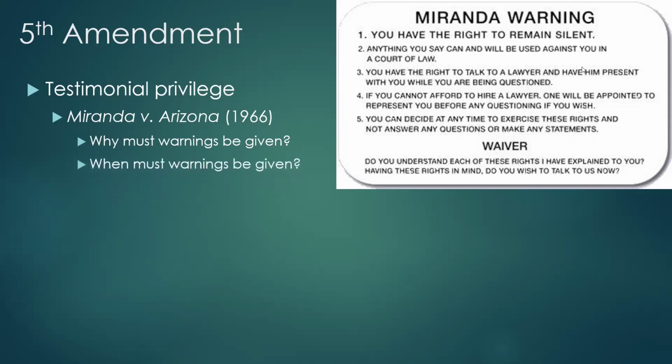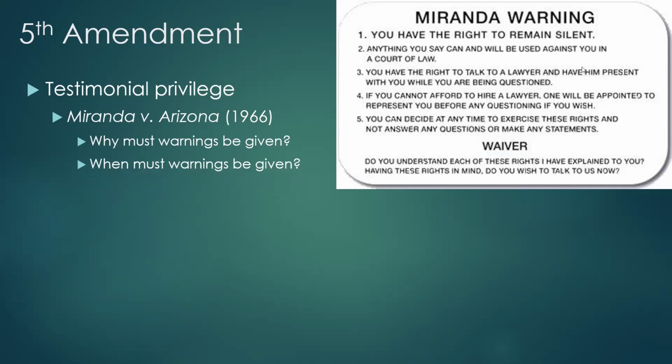When must they be given? They must be given before a custodial interrogation. So custodial means that the defendant reasonably believes that he is no longer free to leave. He is technically in police custody. He cannot just walk away.